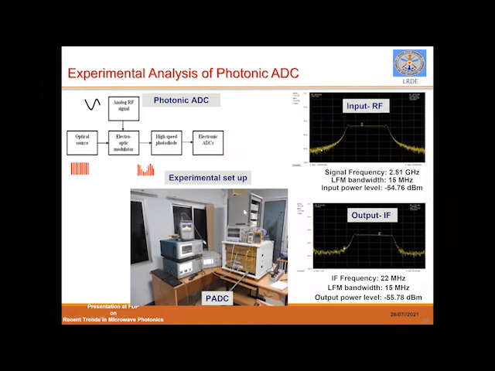Now, this is one of the very important achievements, that is, we tried to implement this photonic ADC at our lab. So the principle used over here is that one of the inputs to this optical modulator will be the actual RF signal. In a radar system, if you consider, this will be our received echo.